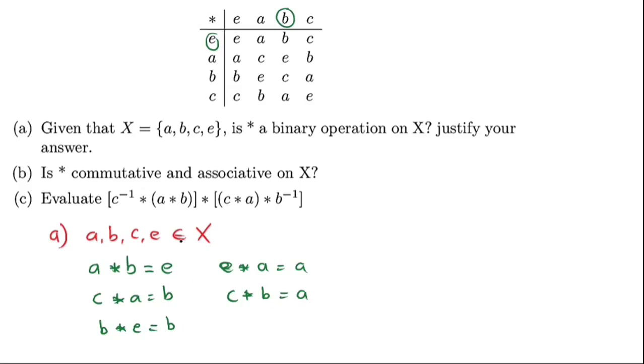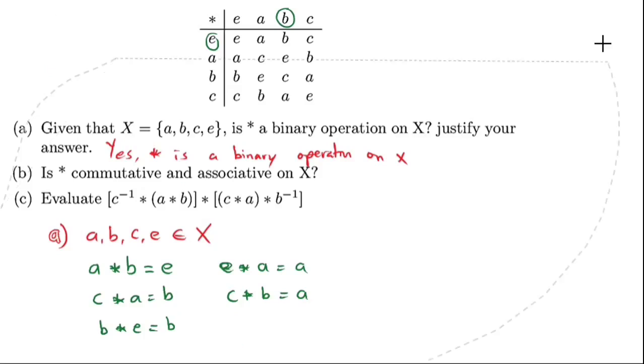The answer is yes. Star is a binary operation on X. How do we justify this? I've just shown you how to justify it by pairing any two elements and getting elements of the same set, which is set X.